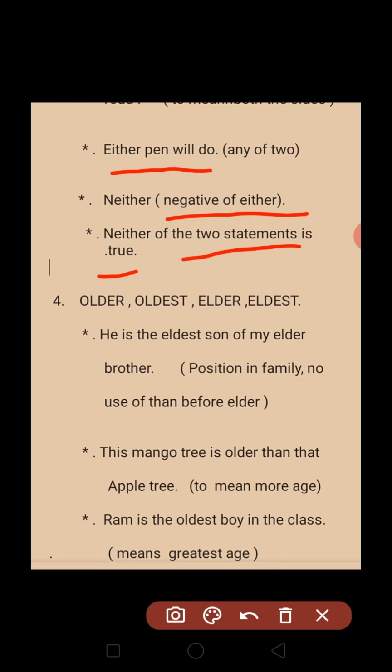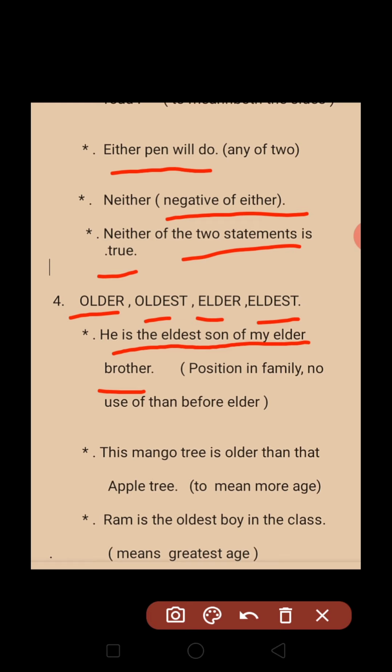Then in point number 4, you are familiar with the words older, oldest, elder, eldest. Here the matter which is very important to keep in your mind is: he is the eldest son of my elder brother.